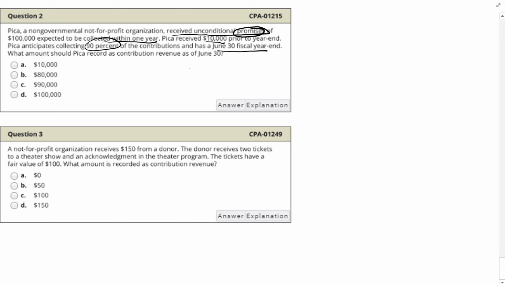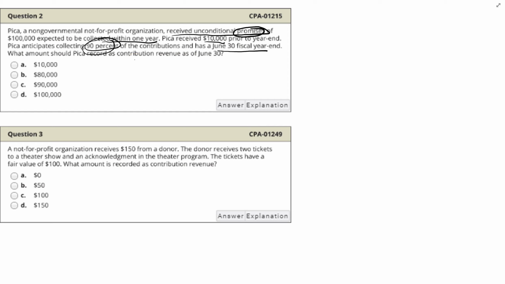But if it will be collected in the near future, then we'll show it as with restrictions or temporarily restricted. Now there is one issue, which is here 90%. PICA anticipates that they will be able to collect 90% of the contribution.